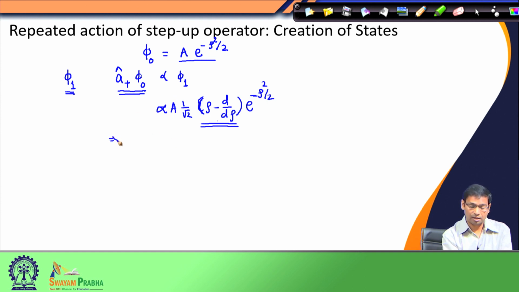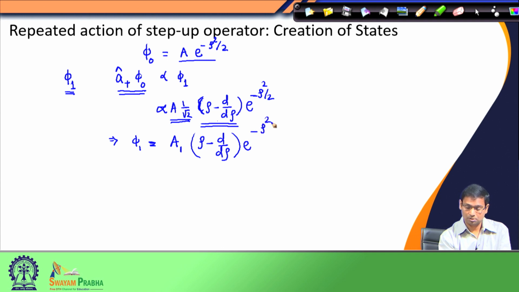Therefore, instead of using this proportionality, I am putting all these constants into a new constant, I am calling it A1, and I have the form. So to get phi 1, I have to calculate the action of this operator, the a plus step up operator, on this function.